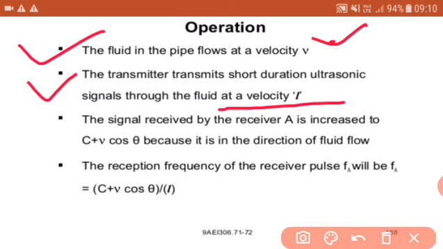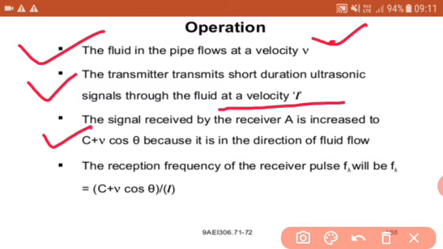Short duration ultrasonic signals will be transmitted from transmitters A and B through the fluid at velocity c. The signal received by receiver A is increased to c plus v cos theta because it is in the direction of fluid flow.